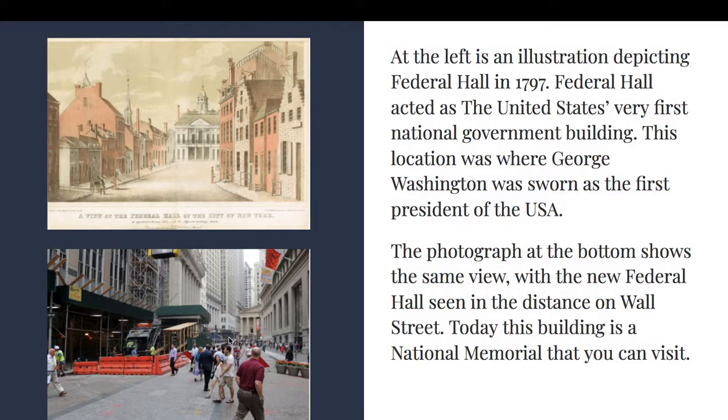Now, if you look at the photograph at the bottom, it shows the same view. And if you look back here, this is the new Federal Hall seen in the distance on Wall Street. Today, this building is a national memorial that you can visit. So it's right back here. This building is the same as this building.